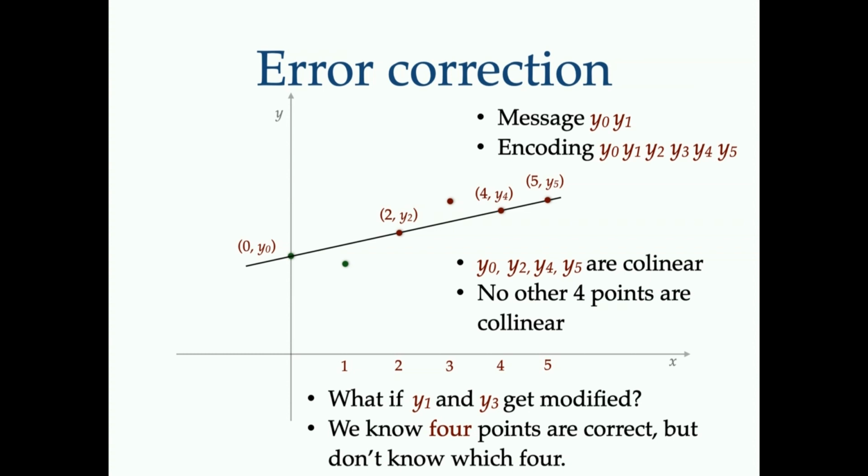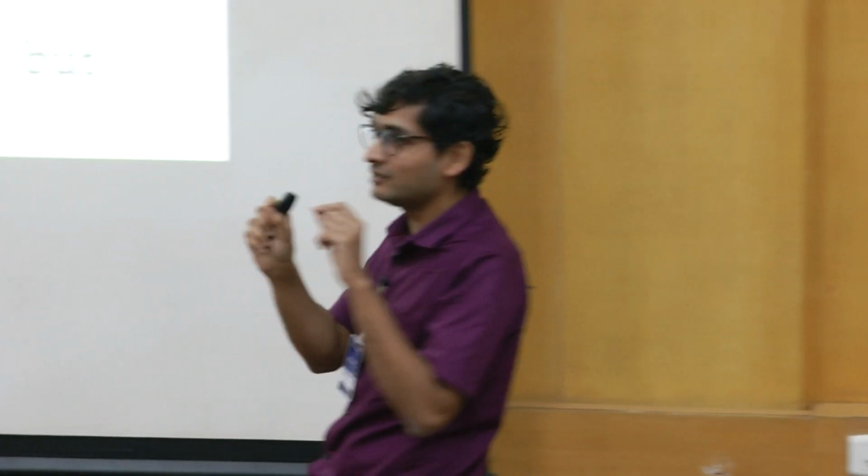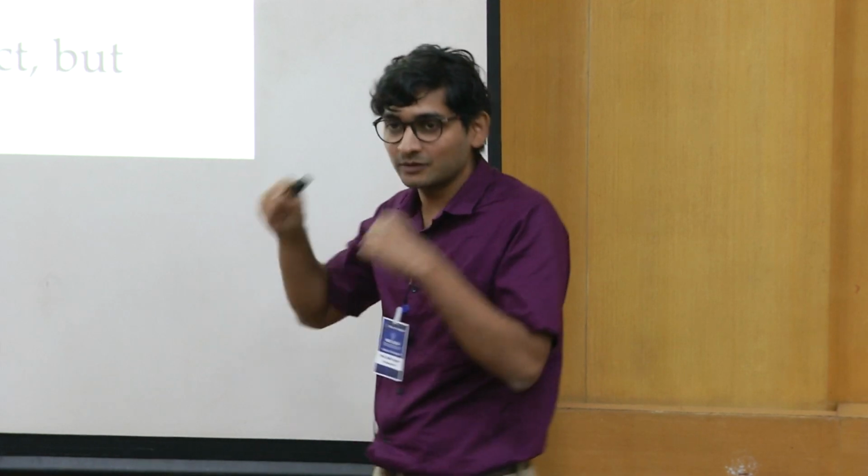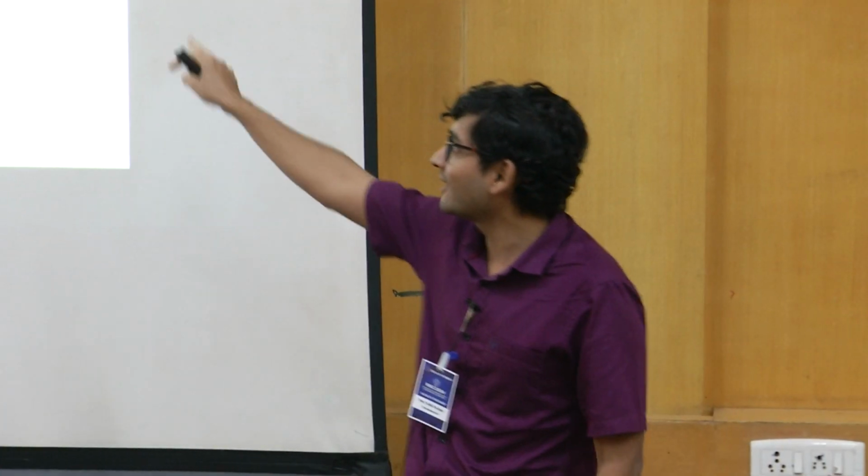So I can uniquely determine the line. That's why 6 points are now enough. I converted my message into 2 points, the 2 points I converted into 6 points, and now I have the 30% guarantee. Any 30% of the data you can corrupt, I can recover my message. That's the main idea.